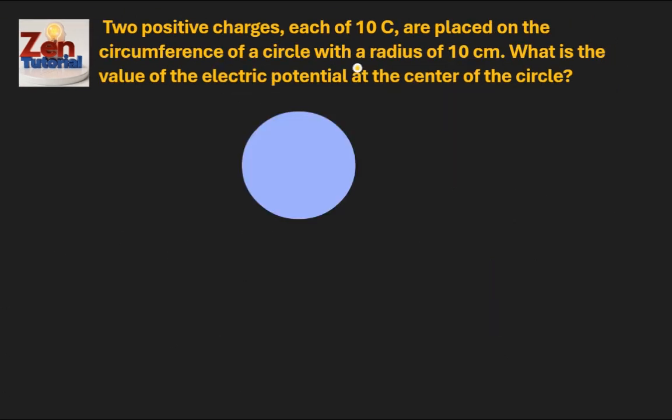In this problem, two positive charges, each of the charge is 10 Coulomb, are placed on a circumference of the circle. So this is the circle which radius is 10 centimeter, and at the circumference we placed two charges.